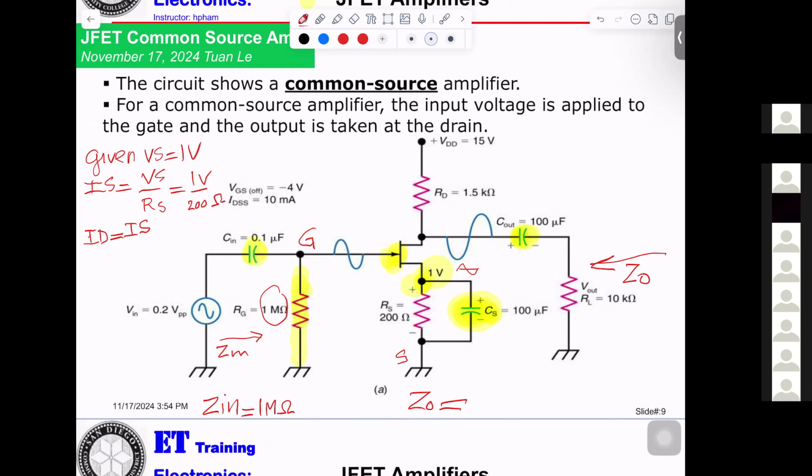Right. 1.5K parallel 10K. If you do the calculation, it will be 1.5 times 10 divided by 1.5 plus 10. You see that?